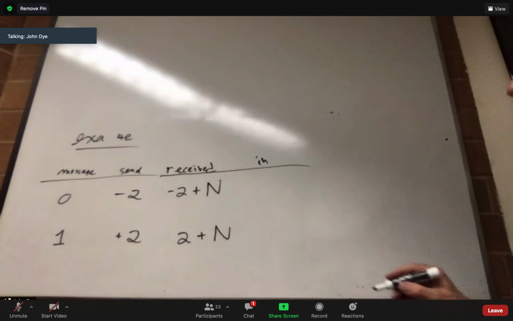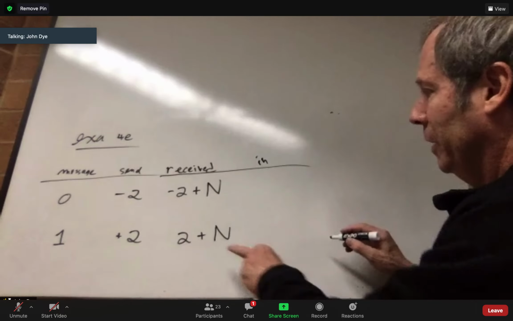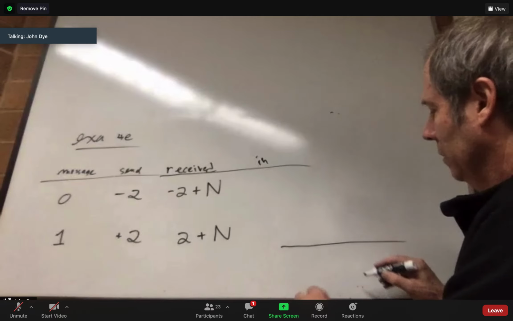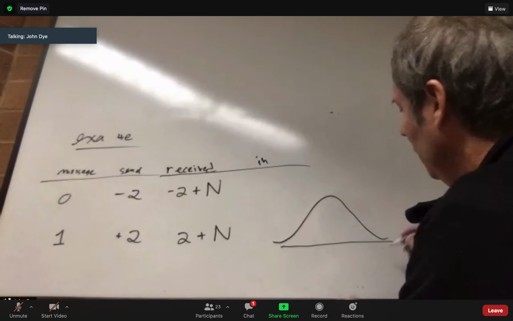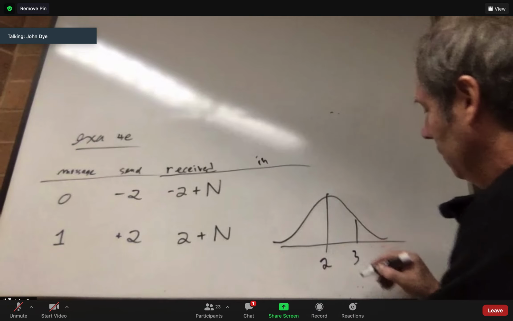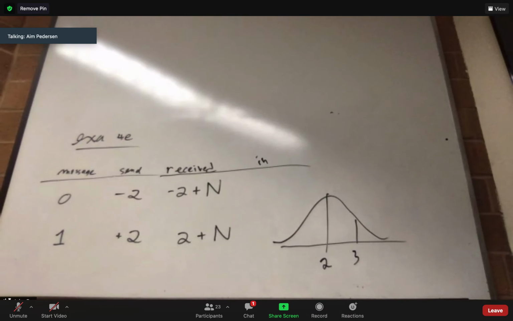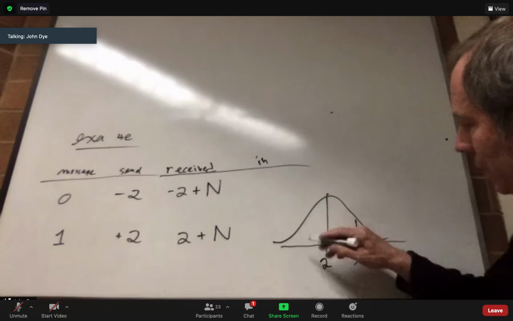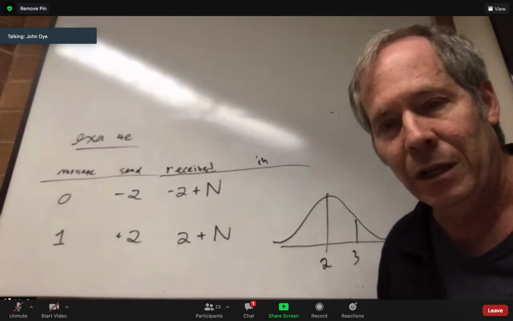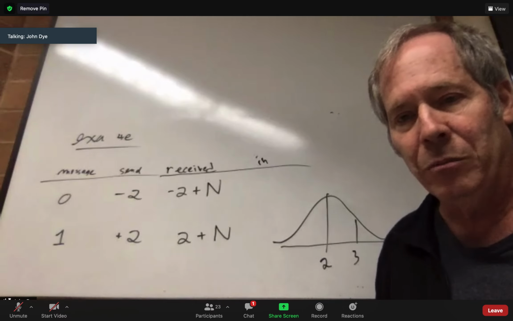Yeah. Variance is 1. So how to make a picture of this? Suppose you have 2 plus normal. What would that look like? Well, it'll be a standard normal, but everything's moved over by 2. So the center would be 2. You're looking for a 2, but because of this noise, you could be a little below or a little above, with the probability. It's a spectacular model for noise, okay?